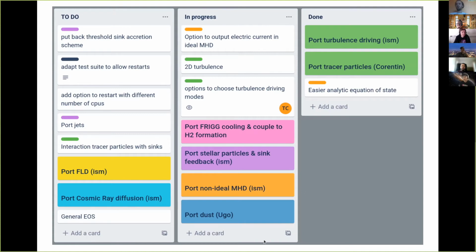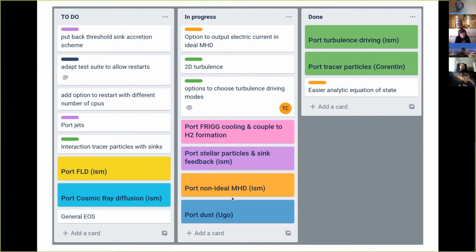Okay, thanks. So this is an overview of what is still left to do, what is currently in progress, and what has been done. So currently Patrick Kennebel and Noé Brissy are working on the coupling of the ISM cooling and coupling it to the H2 formation, which is already in Ramses ISM, and porting the feedback from sink particles.